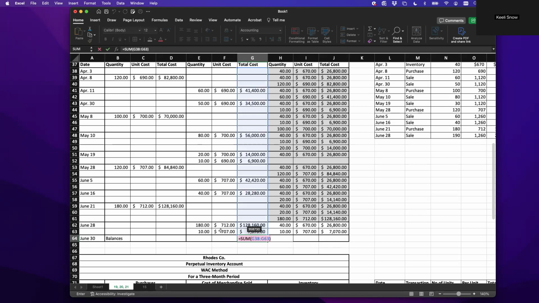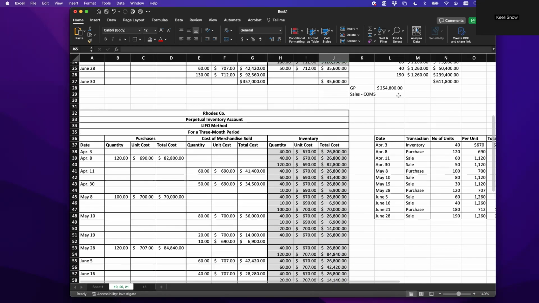Oops, lost my formula. There we go. Oh, that's not what I wanted to do. I'm going to add these last two together. We know that our sales is 611,800.